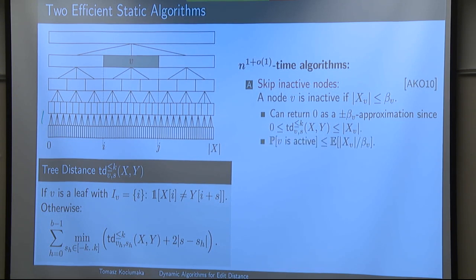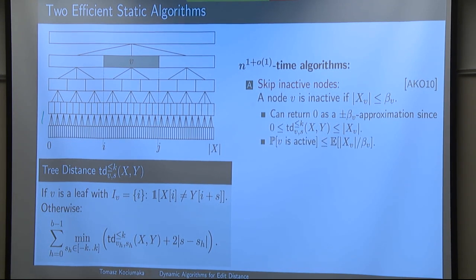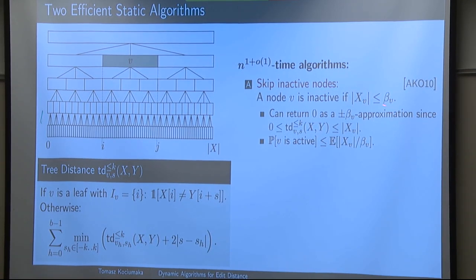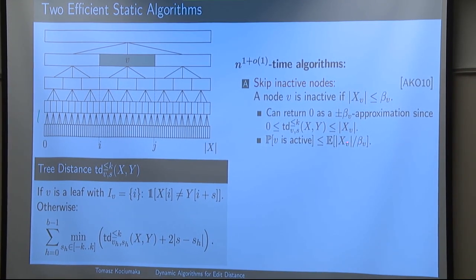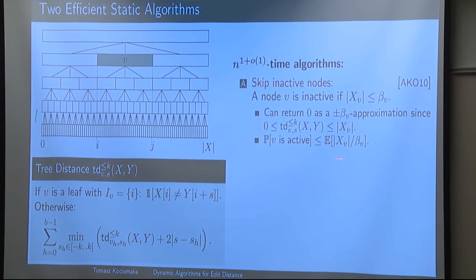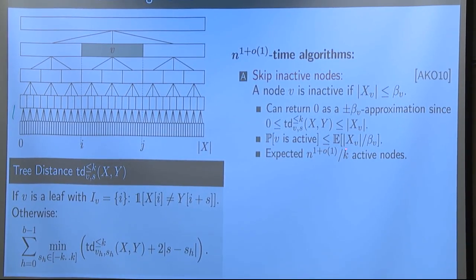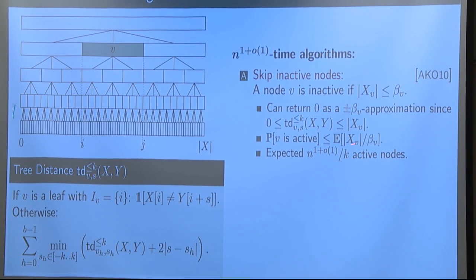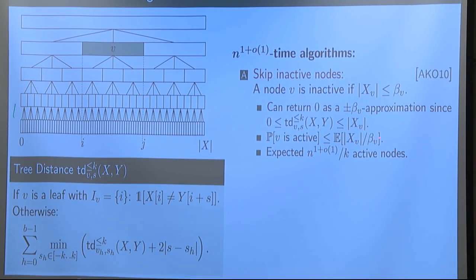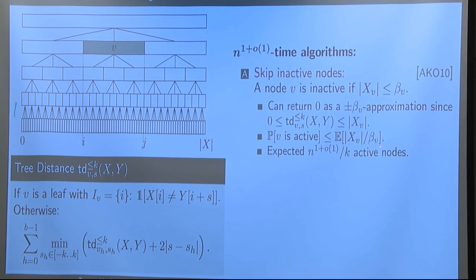And the probability that this happens, the probability that we need to compute something interesting actually, is bounded by the probability that this is not satisfied, that xv is larger than beta v. By Markov inequality it's bounded by the expectation of the length over beta v. The expectation of beta v is 1 over k, roughly speaking.